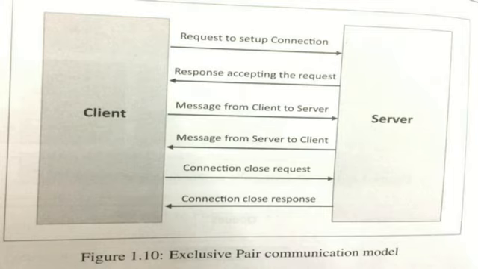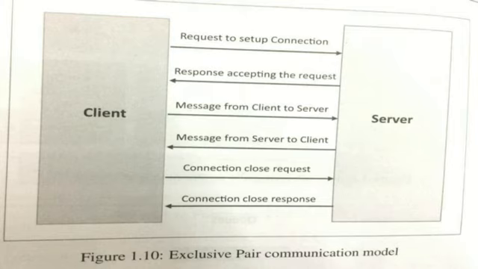Finally this connection is going to be closed: the client sends a message to close the connection and the server will respond that it is going to close the connection. So for every communication there will be a reply, and that is called the exclusive pair communication model.